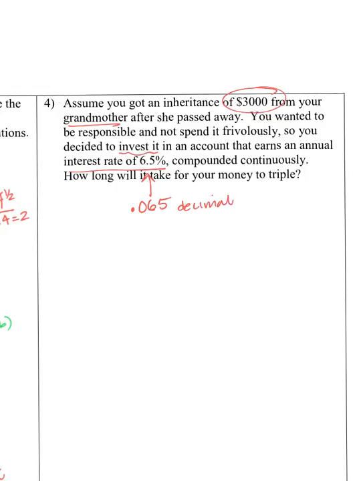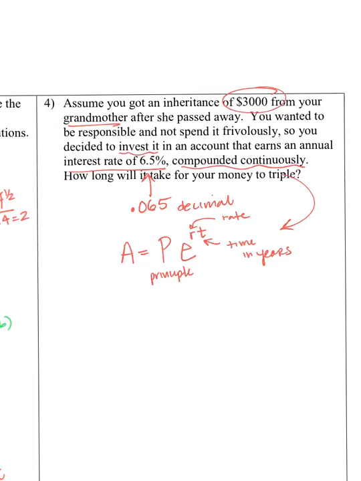Now it says that we are going to be compounding continuously, which gets us this equation: our amount of money will be equal to our principal, times e to the rt power, where r is our yearly interest rate, and t is our time in years. So it wants to know how long it will take for our money to triple.